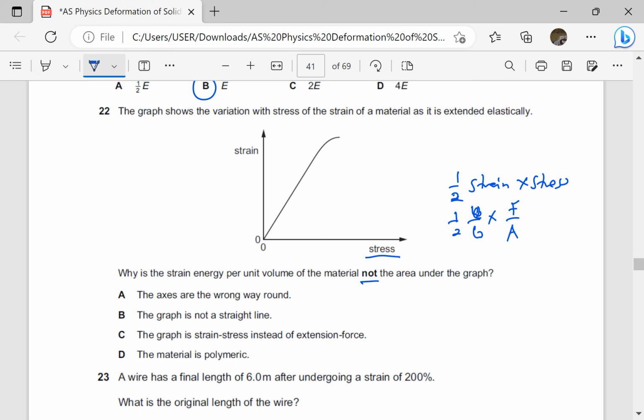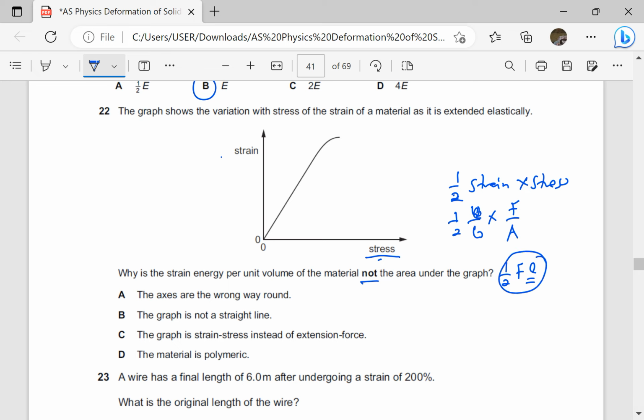So the question is why is the strain energy per unit volume not the area under the graph? The strain energy per unit volume will only be the area under the graph if this is strain and the other one is stress, because area under the graph is only going to be equal to the elastic potential energy if a half F times E, where E must be on the x-axis.